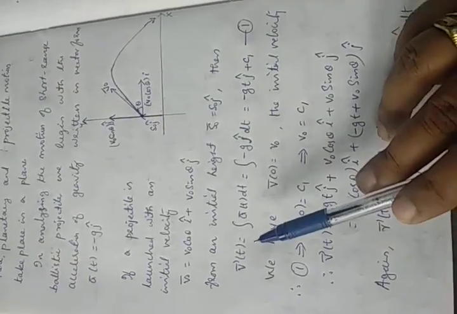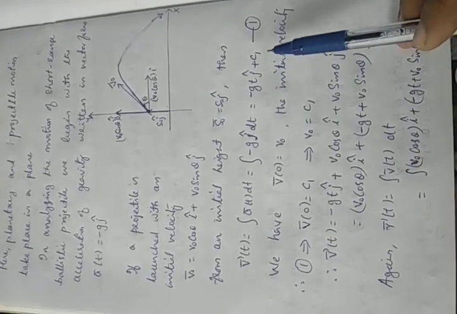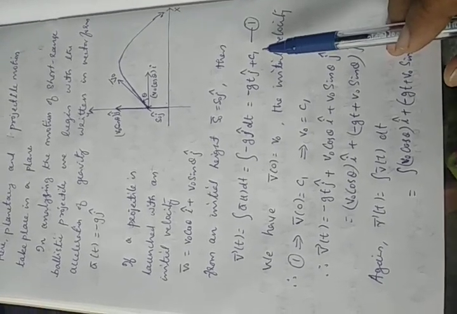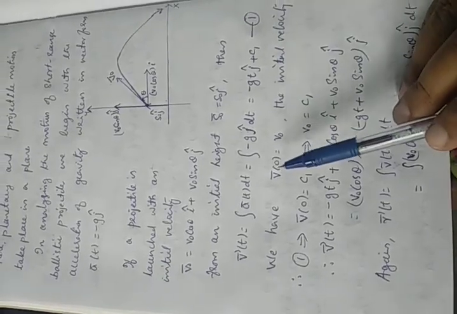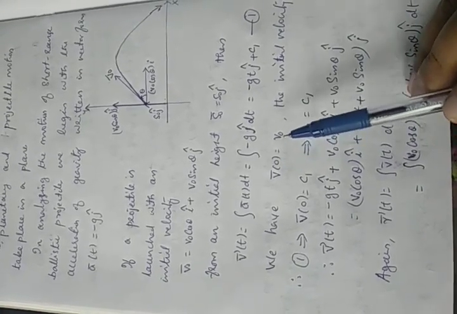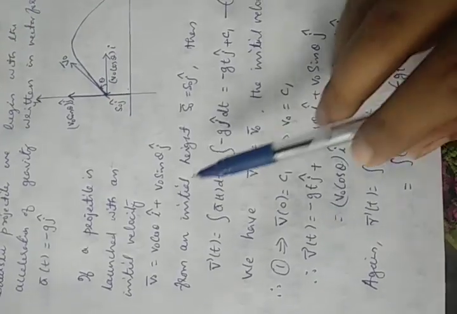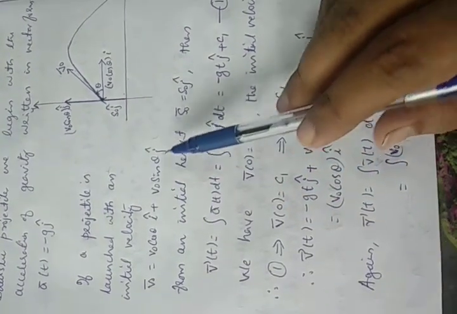Now here we got v of t as negative g t j plus c1, where c1 is a constant vector. We have to find the value of c1. For that we use the condition that the initial velocity at 0 is v naught, which is v naught cos theta i plus v naught sin theta j.